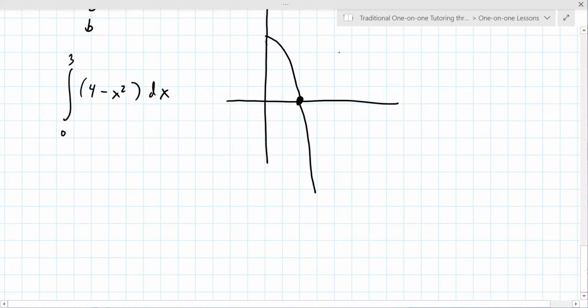And the correct answer depends on whether this is a positive contribution and this is a negative contribution.